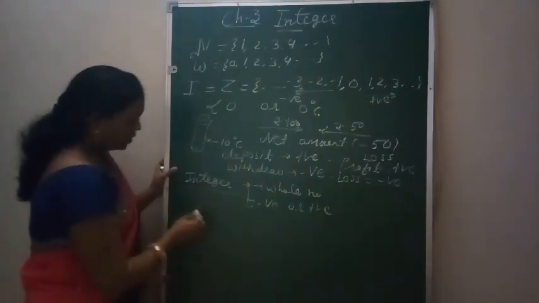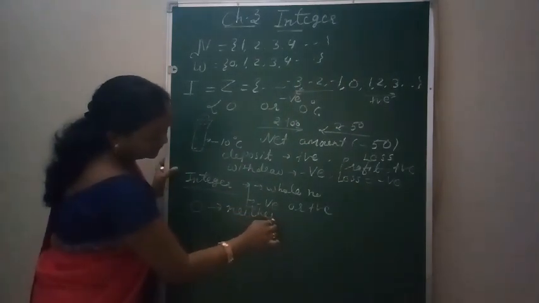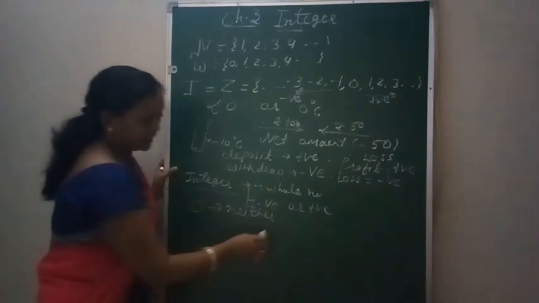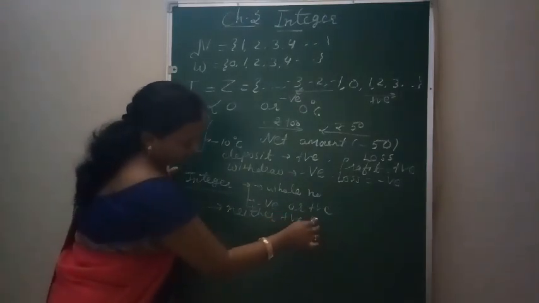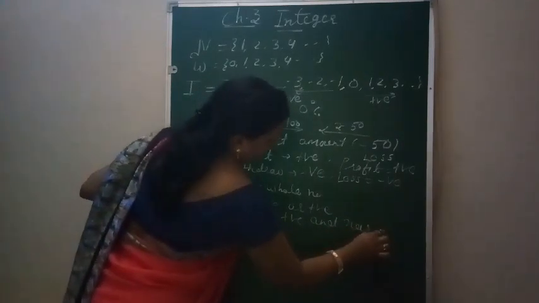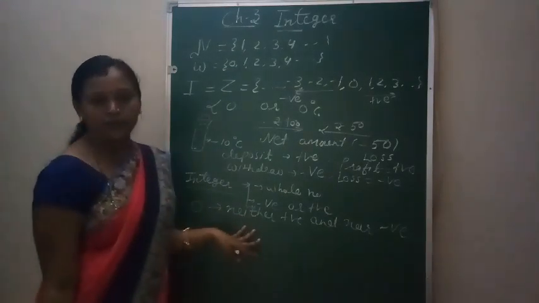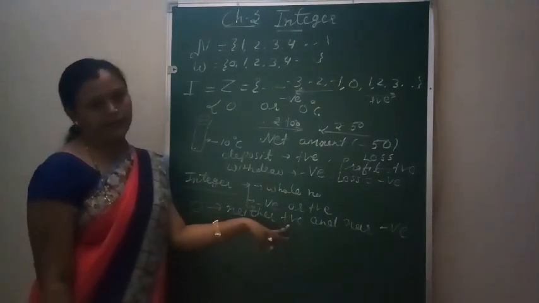But when we talk about 0, there is no sign. It is regardless of sign, neither positive nor negative. 0 is the neutral number without a sign.